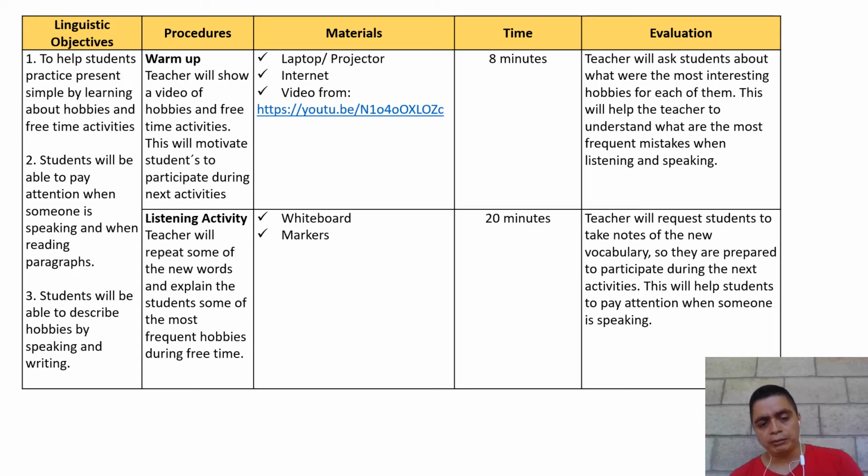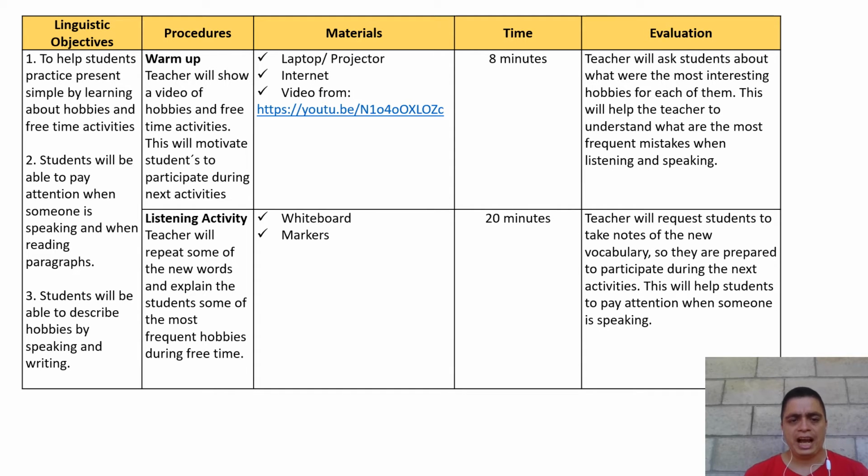And the third objective is students will be able to describe hobbies and free time activities by speaking and writing. Why those skills? They will be speaking when they are analyzing, and also they will be writing. They will be practicing how to produce a language.